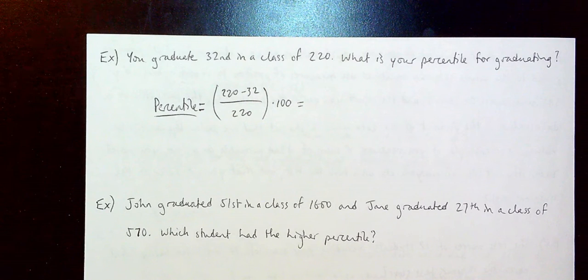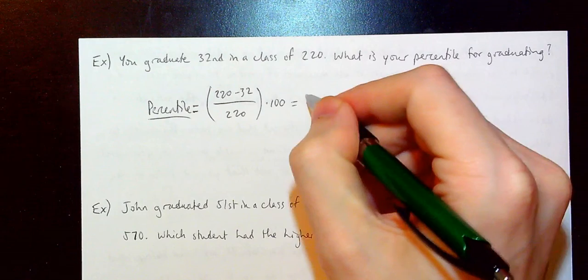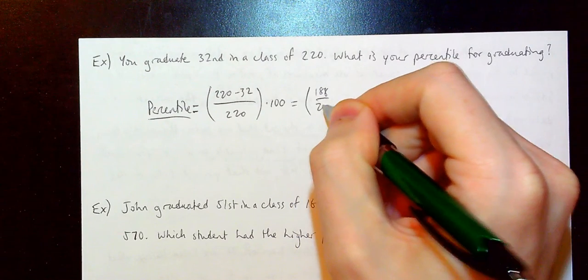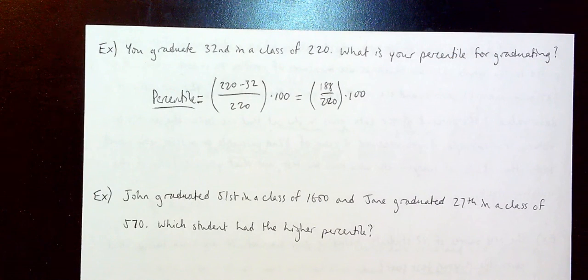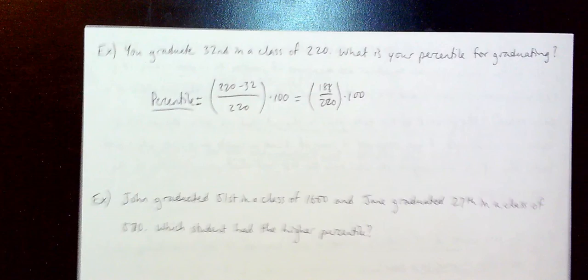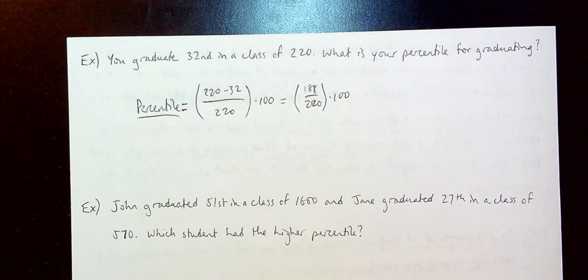And if you do a little bit of mental math, or if you pull out your calculator, 220 minus 32, you get 188 divided by 220 times 100. And once again, for the sake of just writing this out, I'm just going to round to the nearest whole value here.